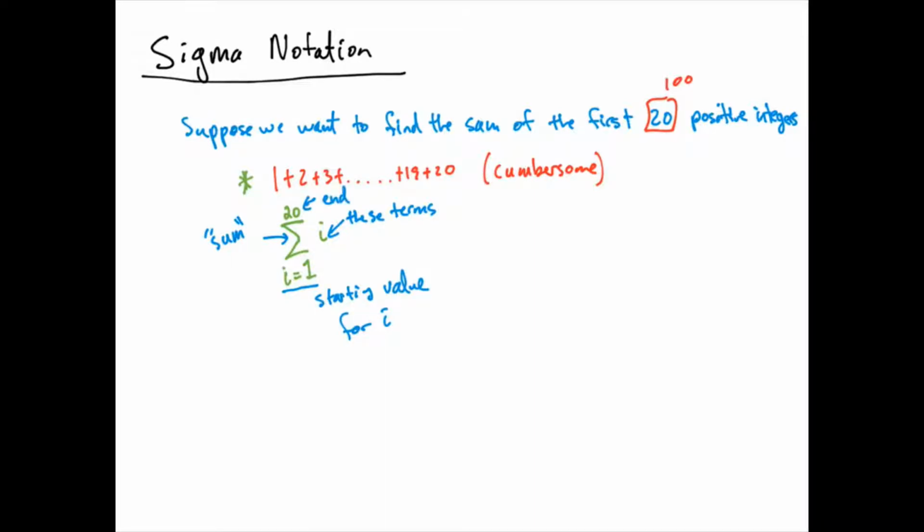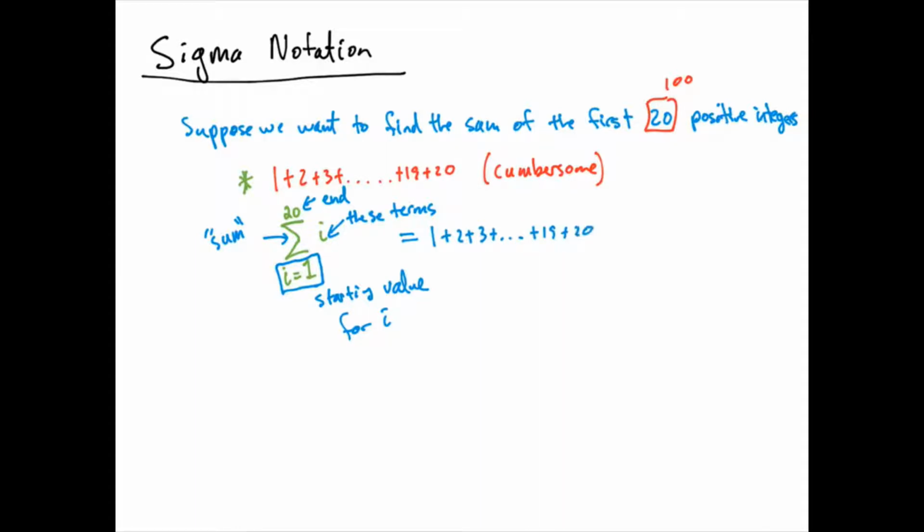Whatever value is down below the sigma, whatever i is equal to, that's telling us what we make i equal to in our first term. And then we just count by integers from whatever our first i value is. So this expression using sigma notation is going to be 1, because that's our first i value, plus 2, plus 3, plus all the way up to 20.